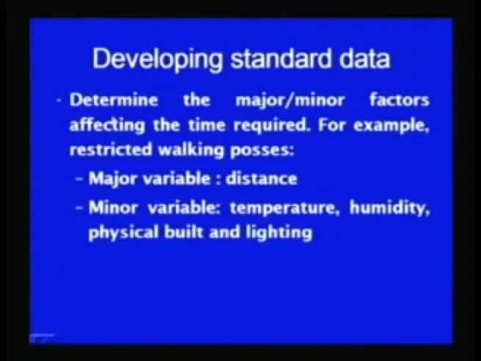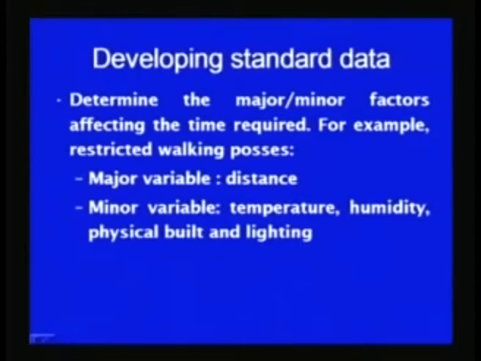In this method, the important thing is to note down the major factors and the minor factors related to the job that can significantly affect the time required to carry it out. For example, in a restricted working process, the major variable is the distance to be covered, while the minor variables are the temperature, humidity, physical build and the lighting.